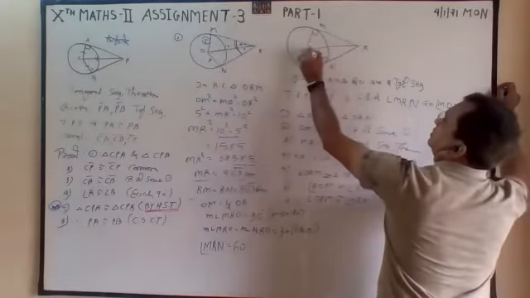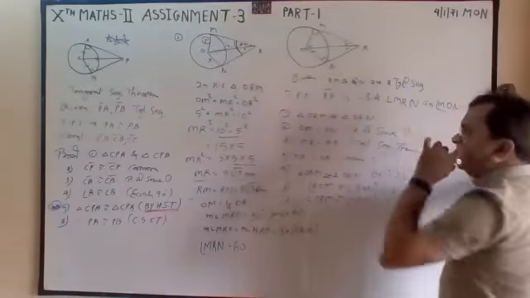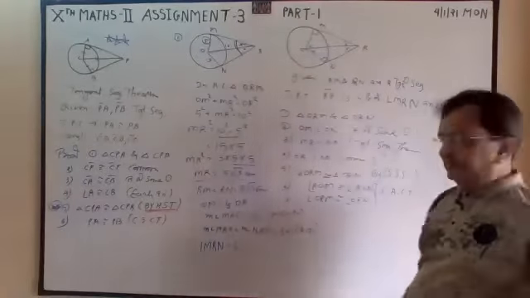If these are congruent, these are congruent, so this is an angle bisector.